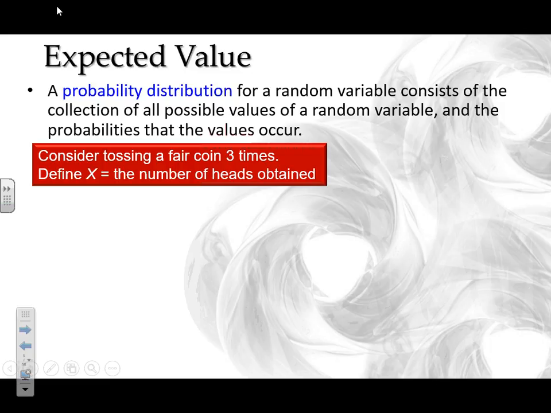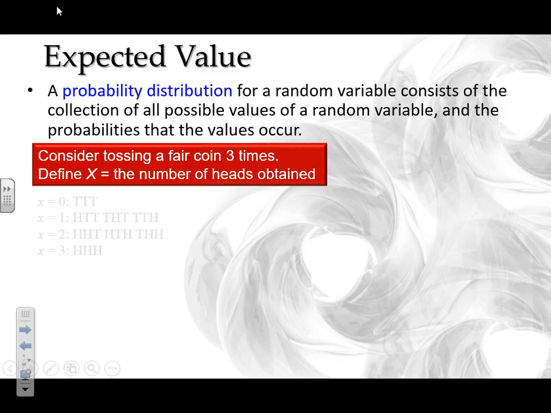So if we think about that and we want to create our probability distribution, the first thing we need to figure out is, well, what values can my variable take on? So capital X, the number of heads obtained. That's what we're defining the variable to be. So our lowercase x values could be what? 0 through 3, so 0, 1, 2, or 3. Okay, we could get 0 heads, 1 head, 2 heads, 3 heads. Everyone okay with that?